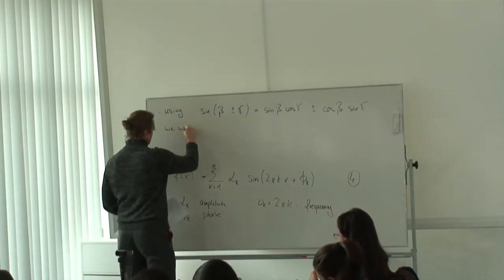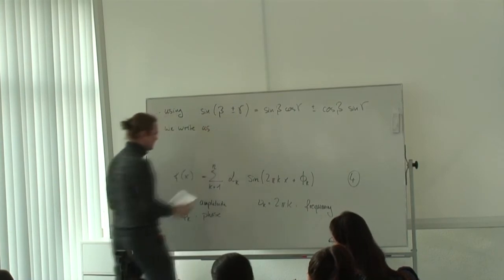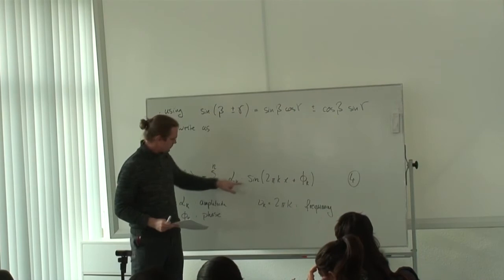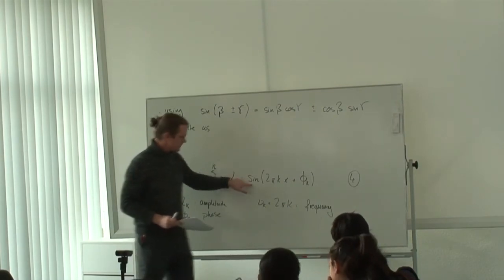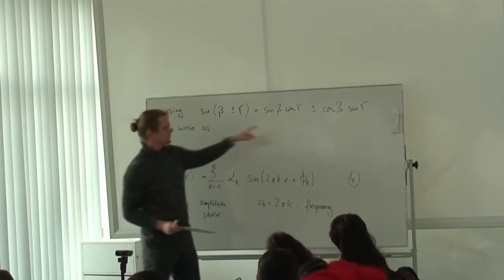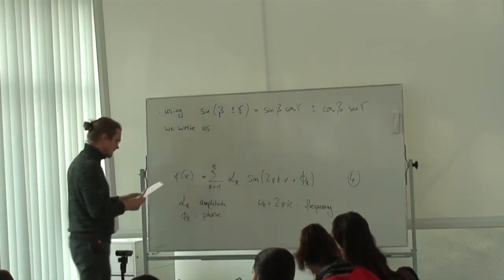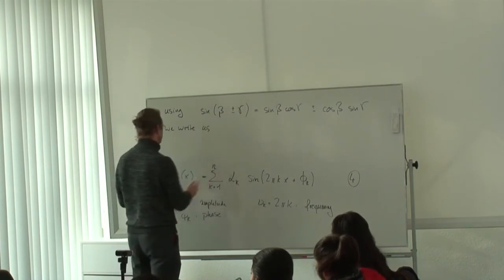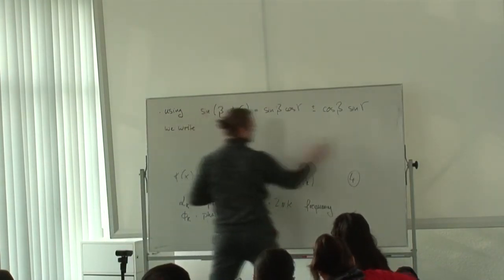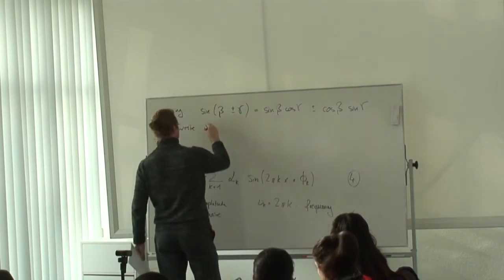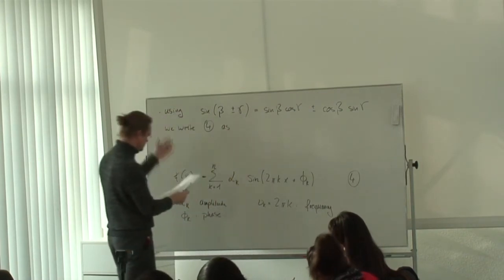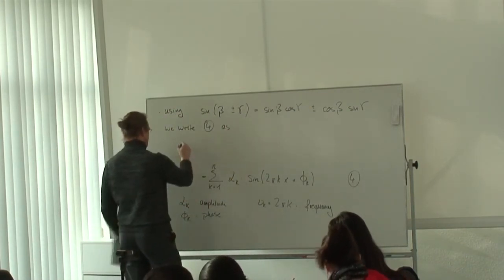We use that to write this equation 4 as, so instead of a linear combination over functions sine with argument something plus something, we do this now. And we would write it as, well, just put it on top of this here.